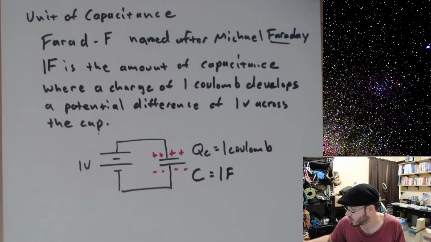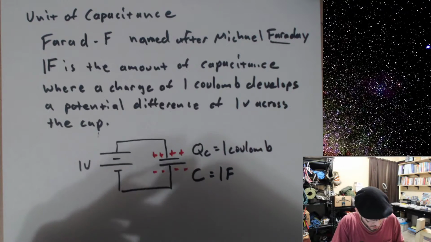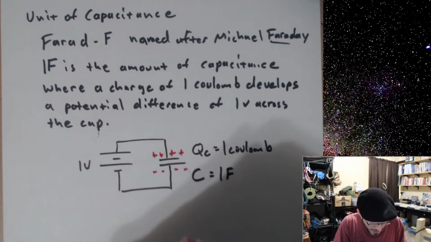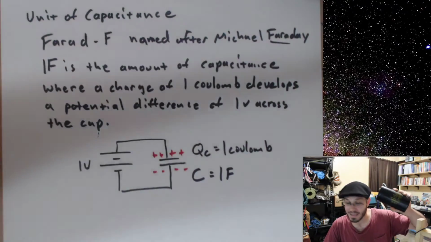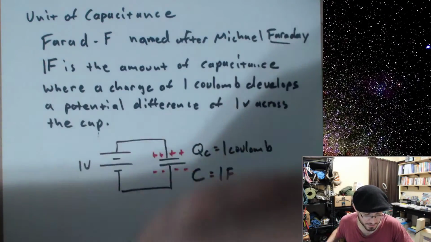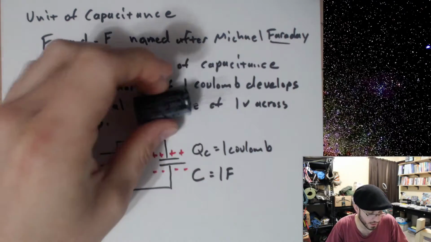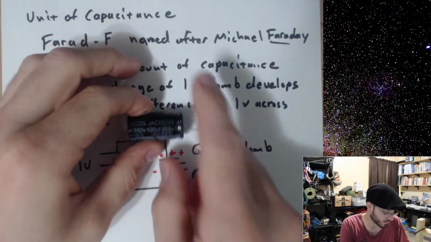Okay, now a farad is actually quite a lot of charge. For reference, my giant cap over here is 5,500 millifarads. Now, this is a giant cap. Generally speaking, this would be a large cap in most circuits, and this is actually 100 microfarads.